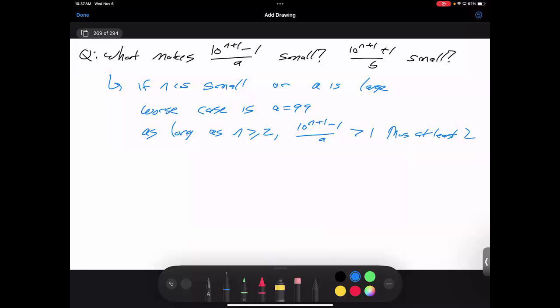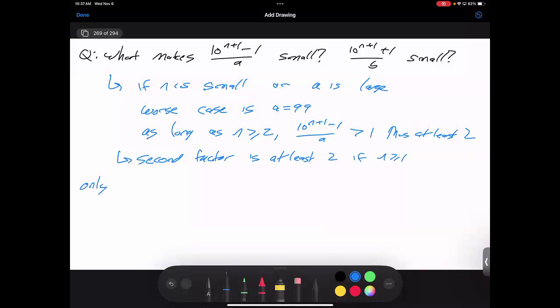What about the second factor? Well, the second factor has the plus 1 rather than the minus 1. So in fact, for the second factor, if you take n equals 1, you're okay. Second factor is at least 2 if n is greater than or equal to 1.